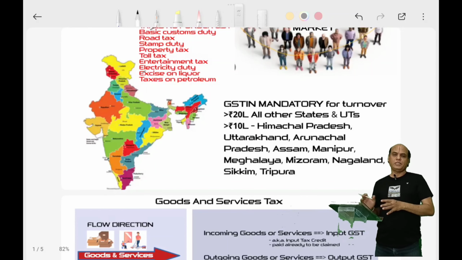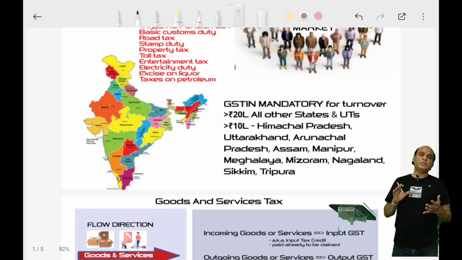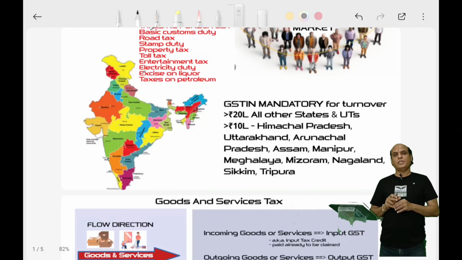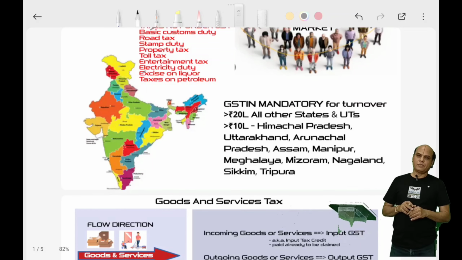So in these regions, a person or an institution that does a turnover greater than 10 lakhs needs to file GST or pay goods and services tax.